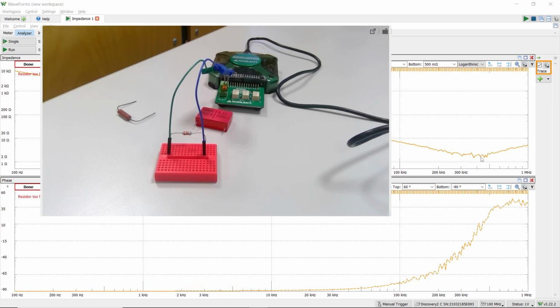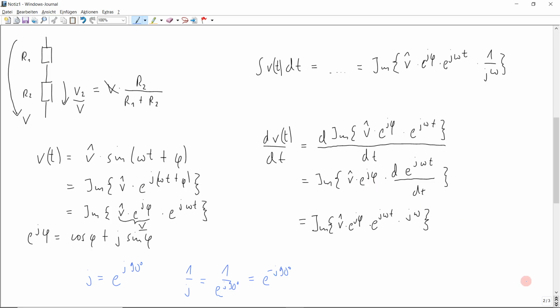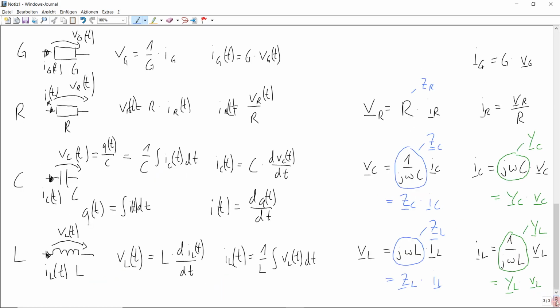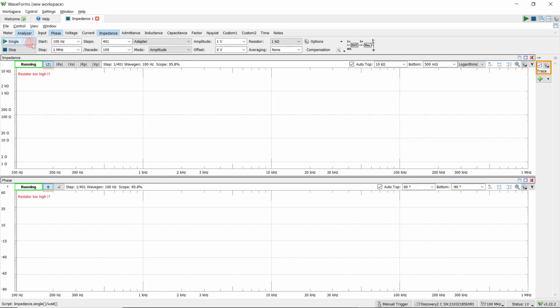Add this inductor and go back to the measurement program. And if I hit the run button, what would you expect? What should happen? Exactly. We should get some increasing slope according to our formulas that we have here. And J is 90 degree of phase angle. So let's see if this works.